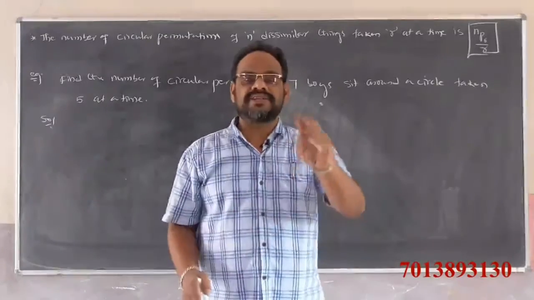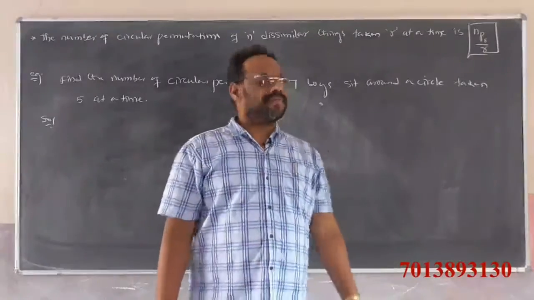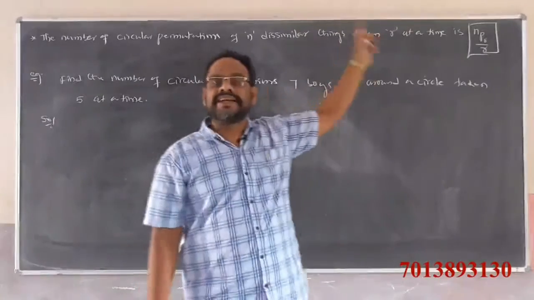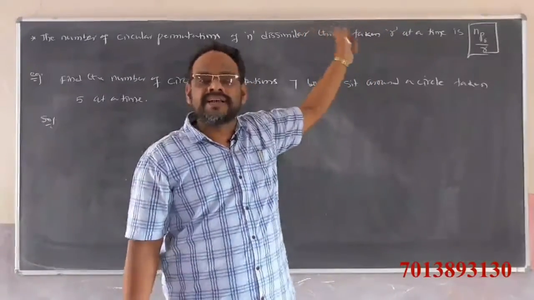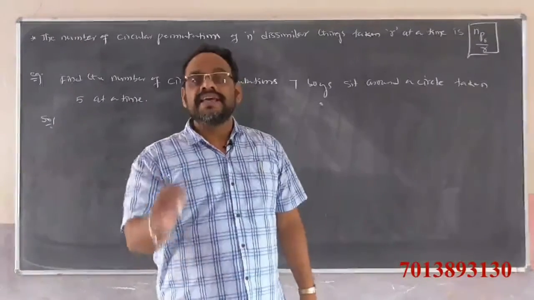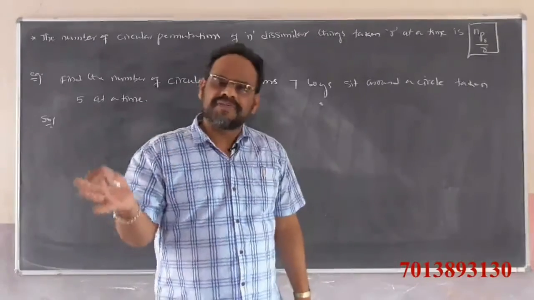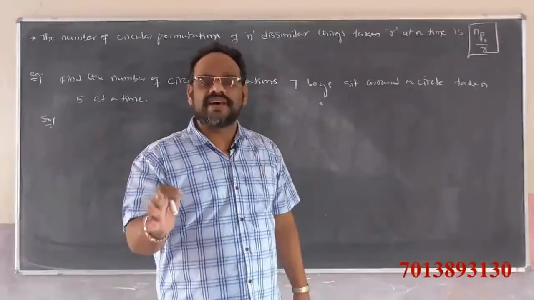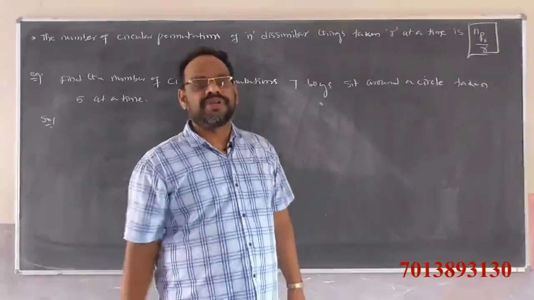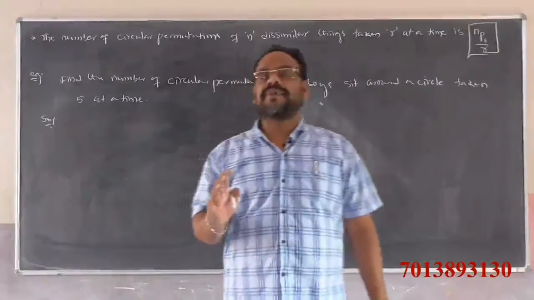Already we discussed one theorem: the number of circular permutations of n dissimilar things taken r at a time is nPr by r, and taken all at a time is n minus 1 factorial. Here we use the formula nPr by r.